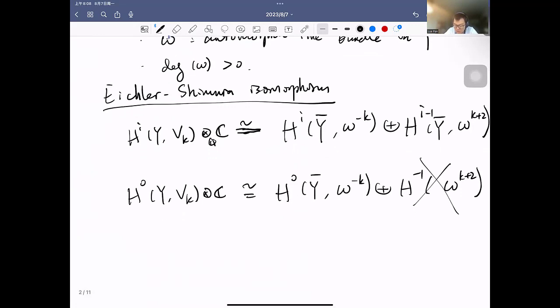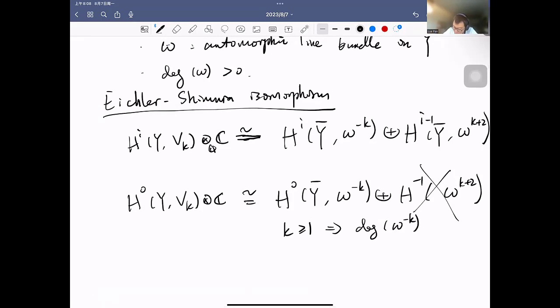And for this term H0, k is greater than or equal to 1 and the degree of omega is positive. So we see that the degree of omega to the minus k is negative, which implies that there is no H0. So that's actually how you prove this vanishing result in this simplest case.